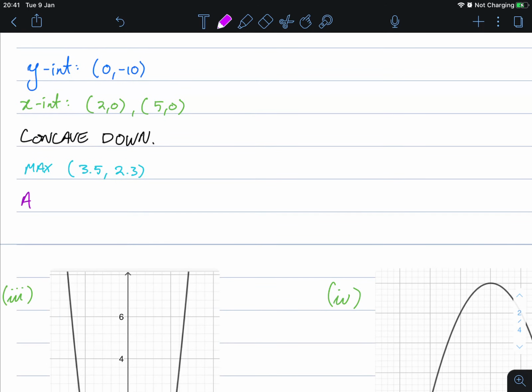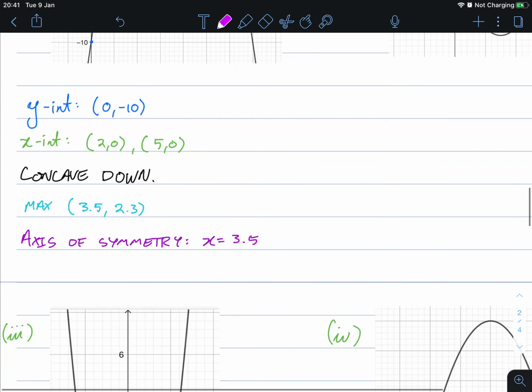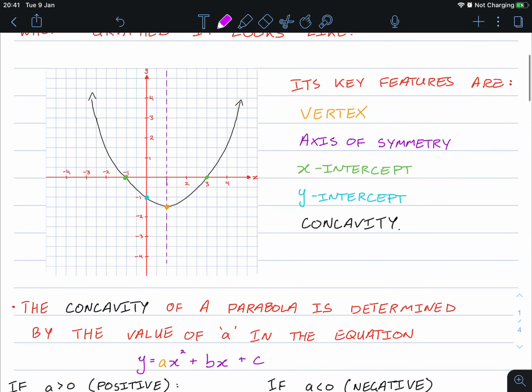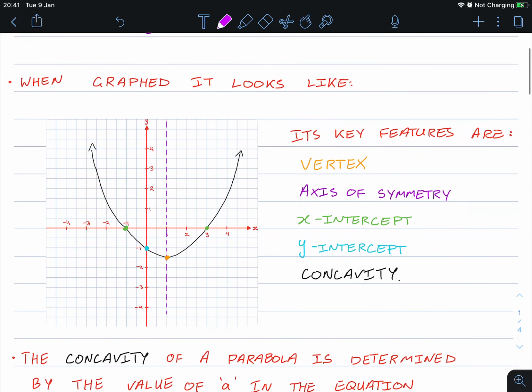So its axis of symmetry is at x equals 3.5. And these are all the key points that we mentioned in the beginning of this video.